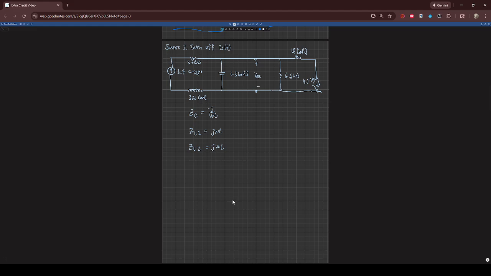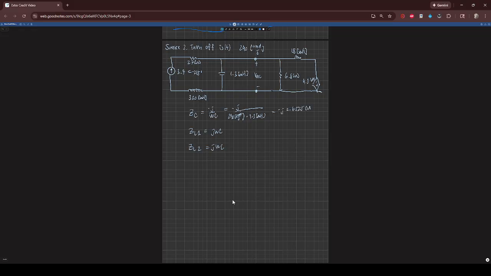The frequency was 290, and let's solve it real quick. For the capacitor it gives us negative j 2.2525 ohms.